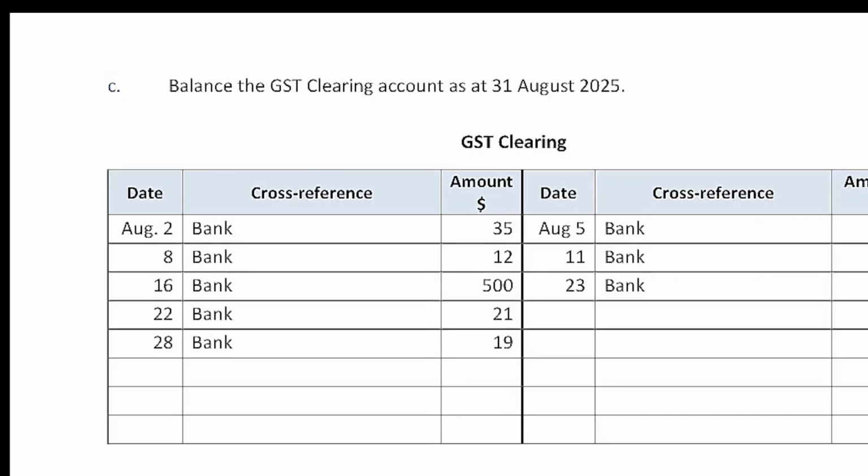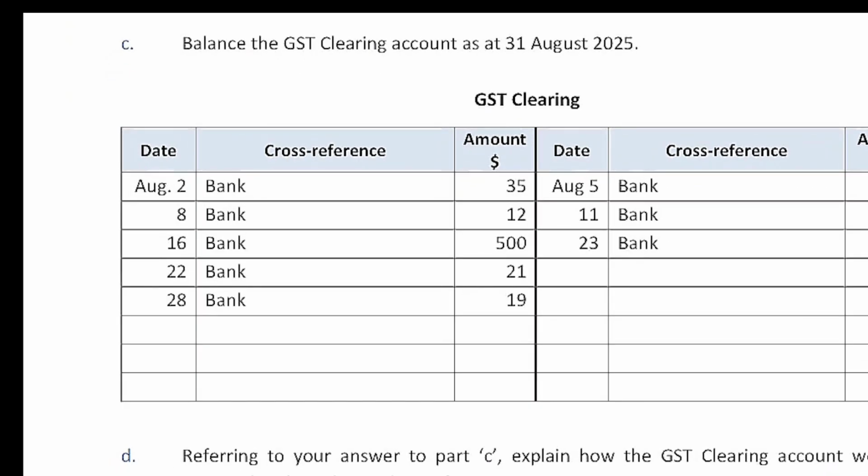Okay, please balance the GST clearing info. If you are not sure, please use the pencil.